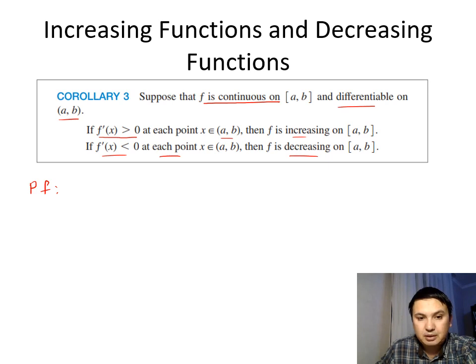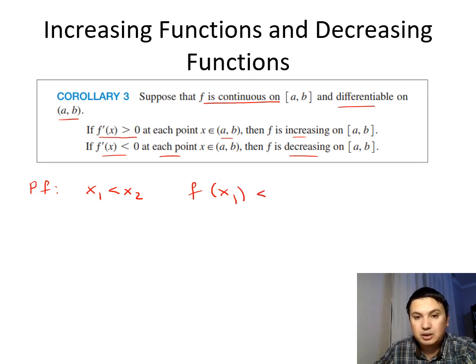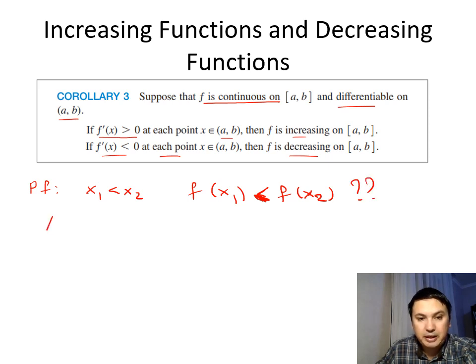Increasing means I want to show that for any x1 and x2, if I move from x1 to x2, it has to rise. So f of x1 must be smaller than f of x2. In fact, it's strict, so I want to show it's strictly increasing. By the MVT, what do we know?